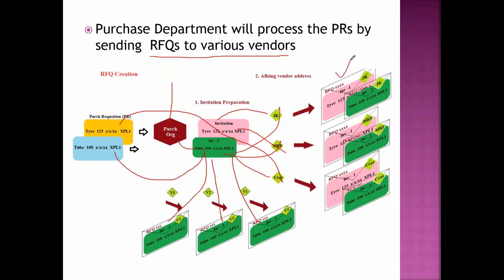When people are creating this type of RFQ, the system has to identify every document. Same old story: number, number range, document type, assigning number range to document type, automatic numbering system we are going to adopt. In the last class, we already chose external numbering and internal numbering.